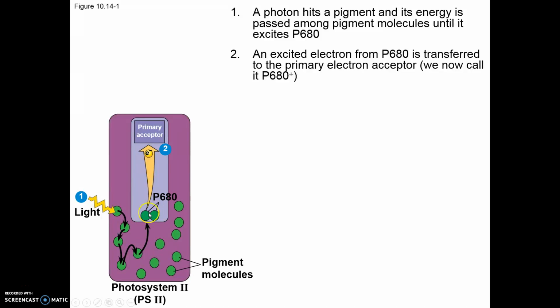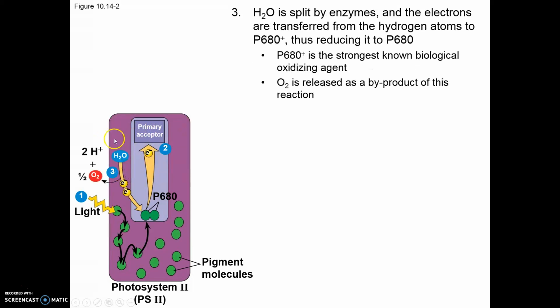And that all focuses the light into this inner central chlorophyll duo here, because there's two pair in here. That will excite an electron, which can then get passed onto a primary electron acceptor, something analogous to NAD, or something in a protein.